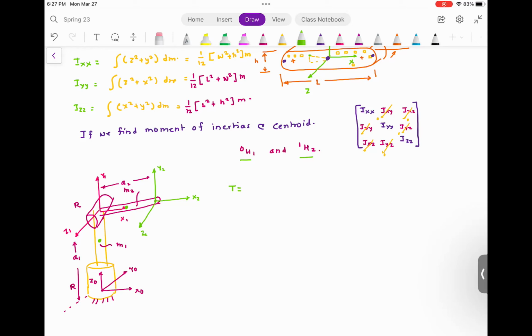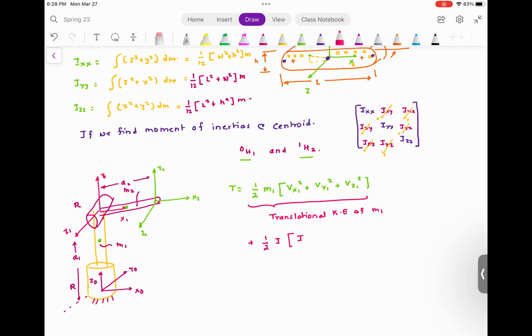So I'm going to write 1/2 m1 (Vx1 square plus Vy1 square plus Vz1 square), which is the translational kinetic energy of mass m1.